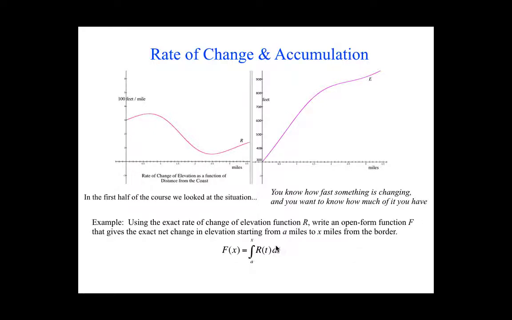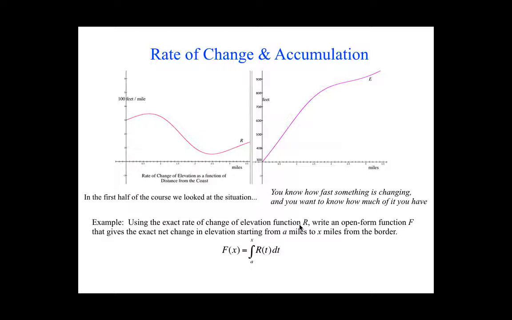So I let t vary by a tiny bit and multiply r of t, the rate at any value between a and x, by that variation to get a tiny bit of accumulation. Then we sum up all of those little bits of accumulation that happen between x equal to a and a general value of x. So x appears in our final function, t does not. That's why f here is a function of x.